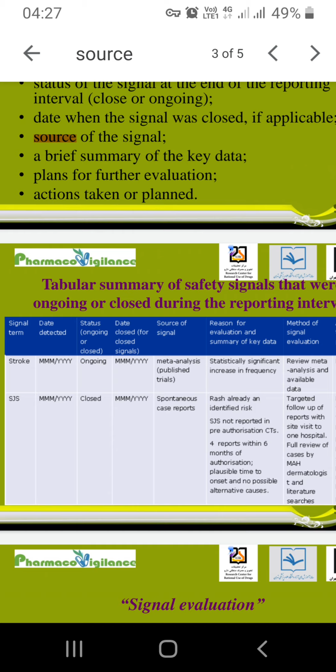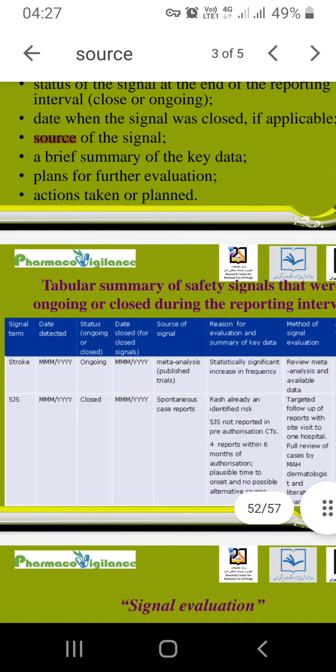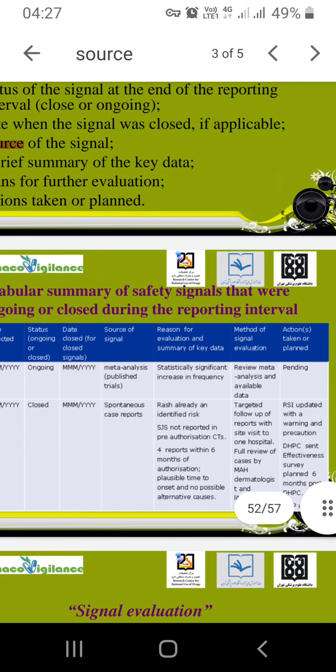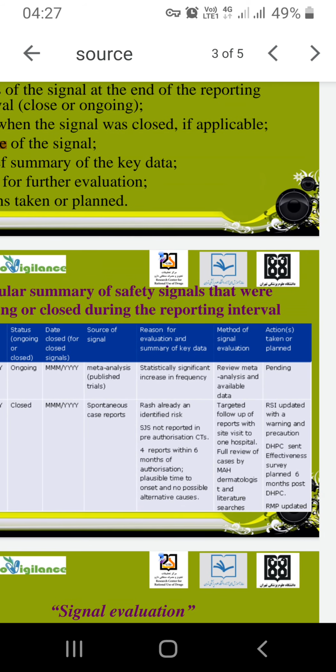Source of signal is meta-analysis, or for example a published series, etc. Reasons for evaluation and summary of the key data: a statistically significant increase in frequency, for example. Method of signal evaluation: review of meta-analysis available in data. Action taken: plan pending.